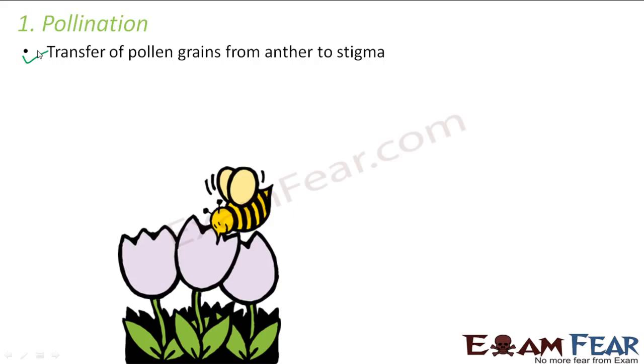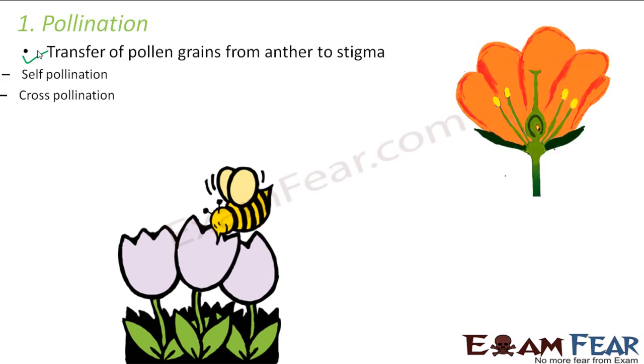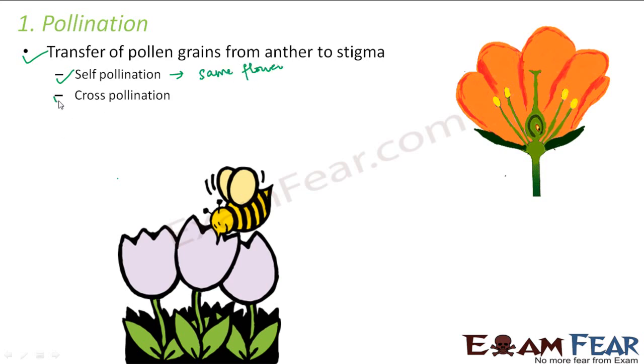So depending upon whether the pollen grains are transferred to the stigma of the same flower or of a different flower, pollination is divided into 2 types: self-pollination, when pollen grains are transferred from anther to stigma of the same flower, and cross-pollination, when pollen grains are transferred from anther of one flower to the stigma of another flower.